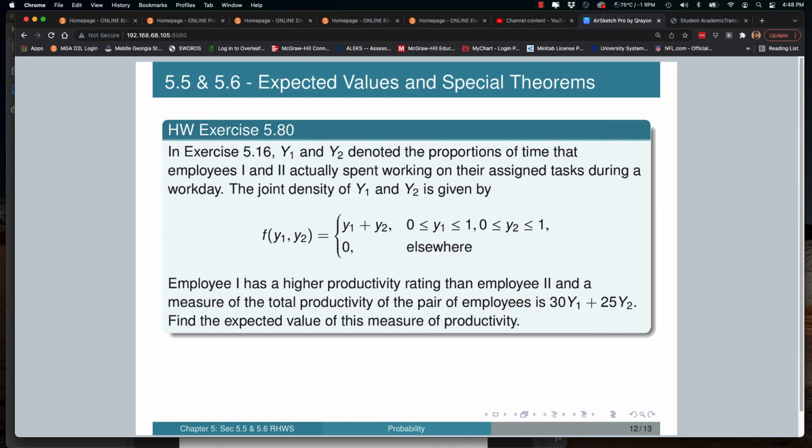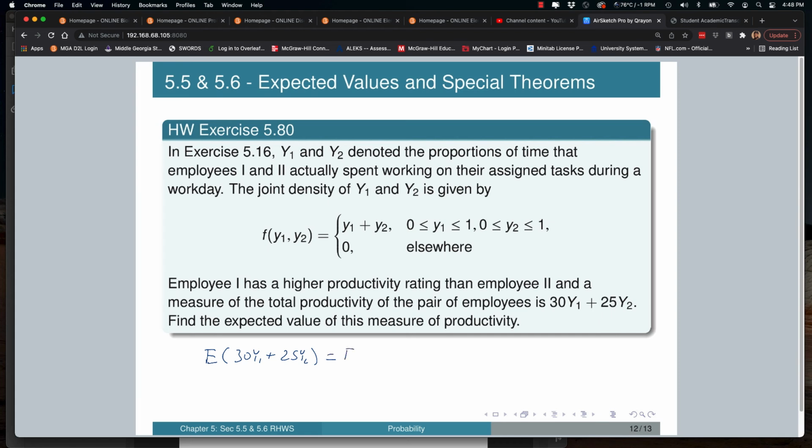Employee 1 has a higher productivity rating than employee 2, and a measure of the total productivity of the pair of employees is 30 times y sub 1 plus 25 times the random variable y sub 2. Find the expected value of this measure. Basically, what we want to do is find the expected value of 30 y sub 1 plus 25 y sub 2.